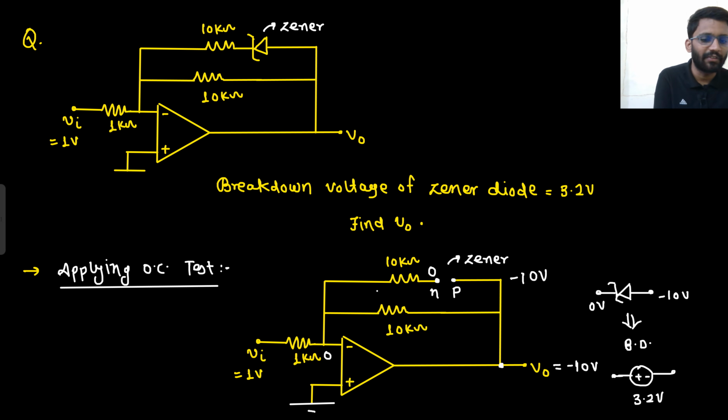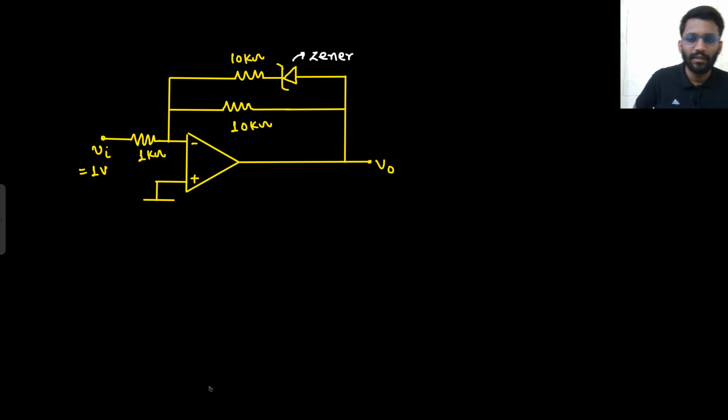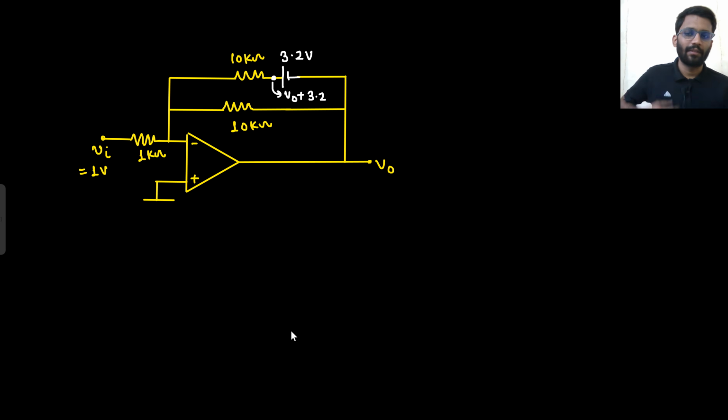So now this Zener can be replaced with a battery of 3.2 volt, right? And if the Zener is 3.2 volt, what will be this potential? This potential will be V0 plus 3.2 volt, right?